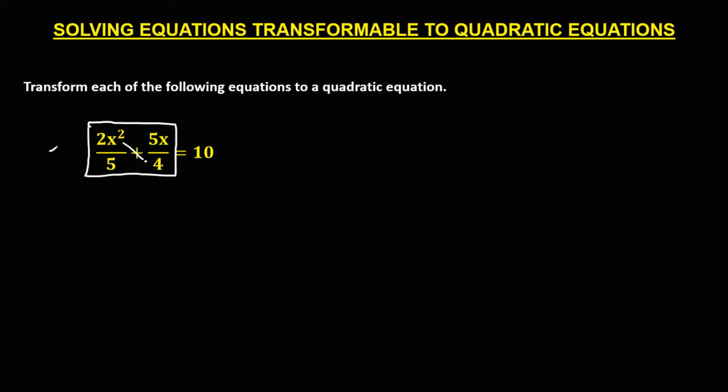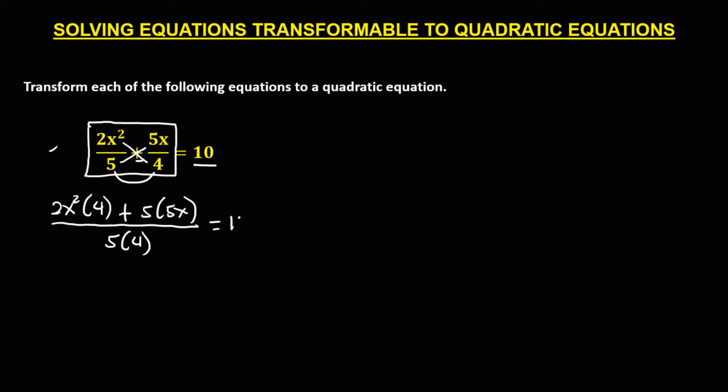So we have 2x squared times 4, plus 5 times 5x, over 5 times 4, equals 10. Then simplify: 2x squared times 4 is 8x squared, plus 5 times 5x, that's 25x, over 5 times 4, this one is 20, equals 10.